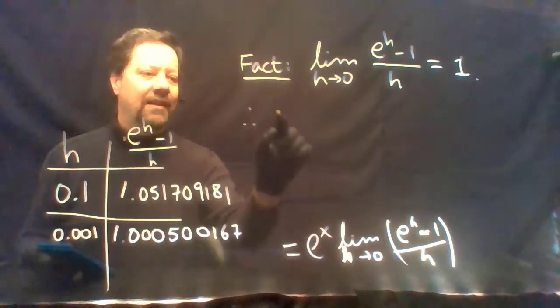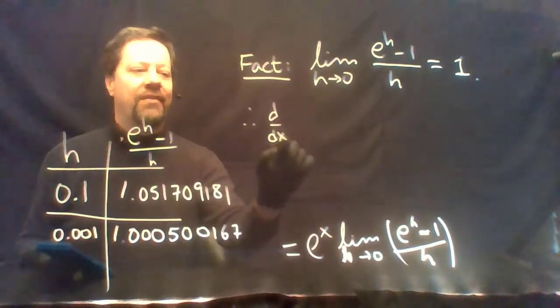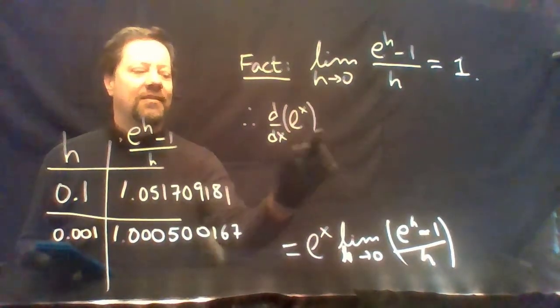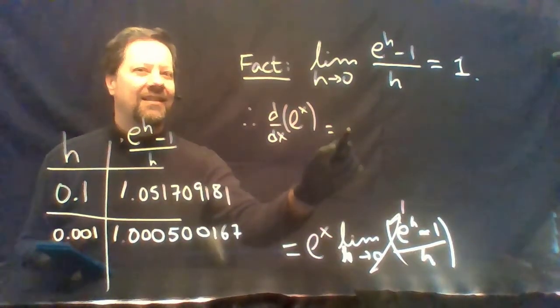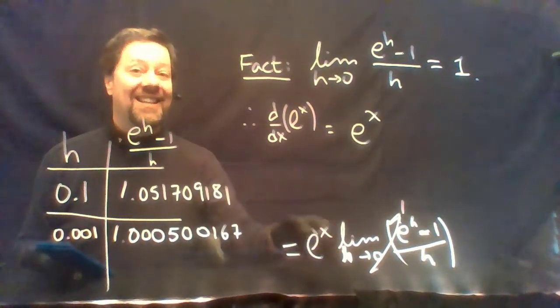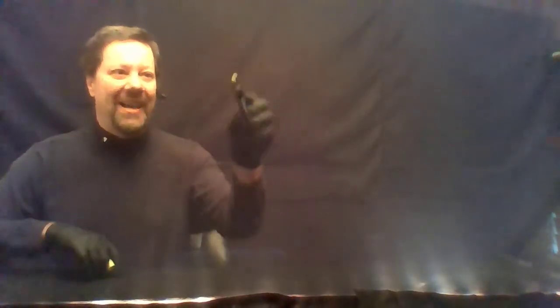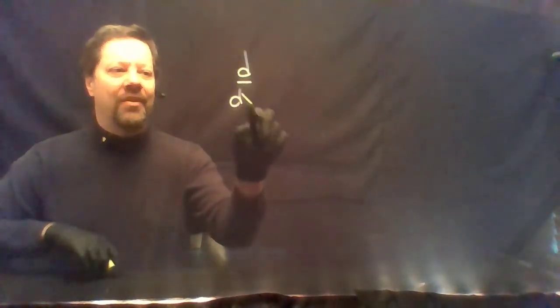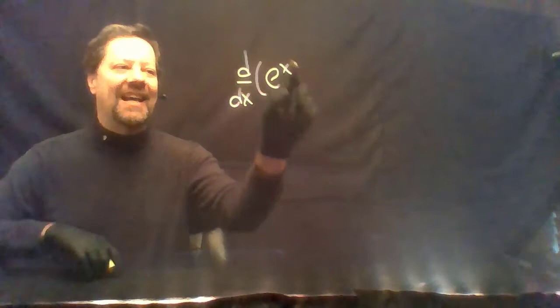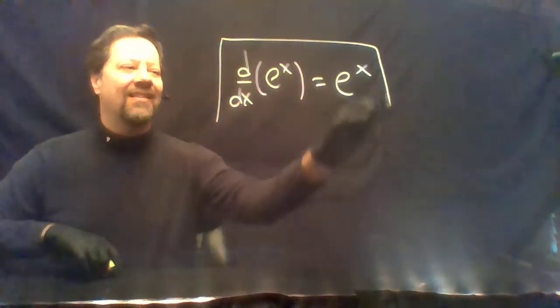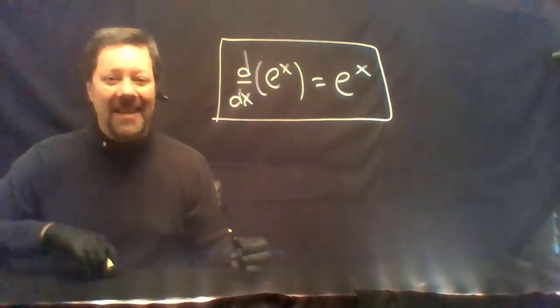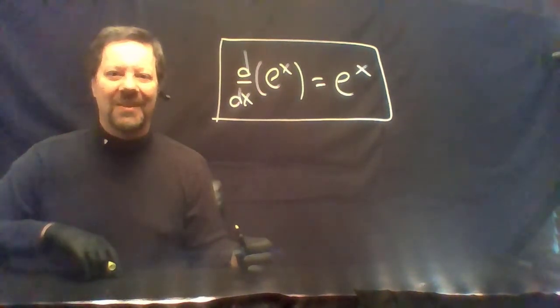It follows then that in our derivative calculation for e to the x, since this factor is 1, we get e to the x. We have then that the derivative of e to the x is e to the x. I want you to memorize that and know it forever as well.